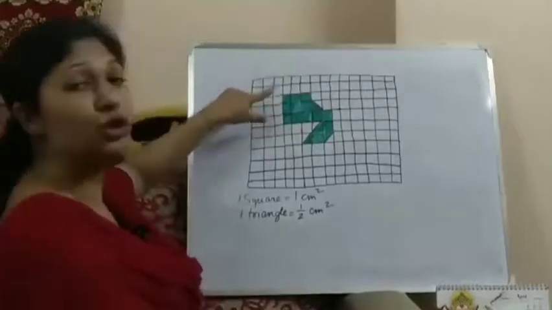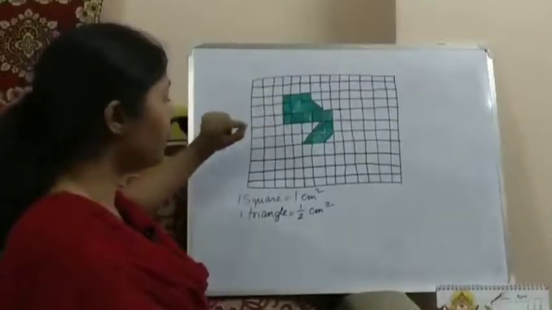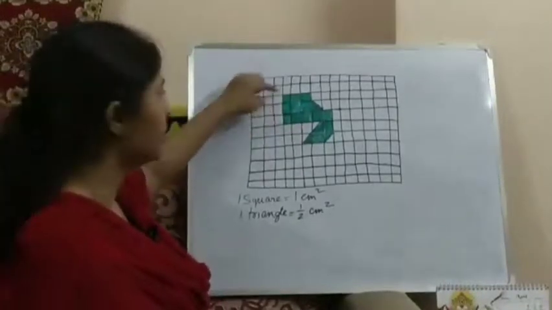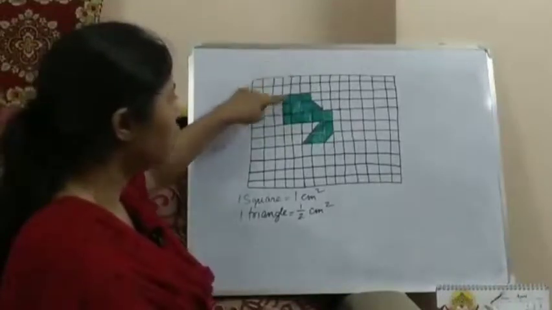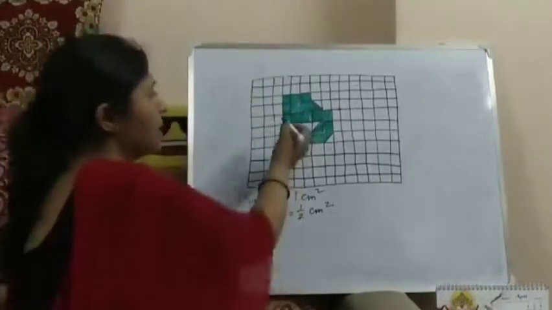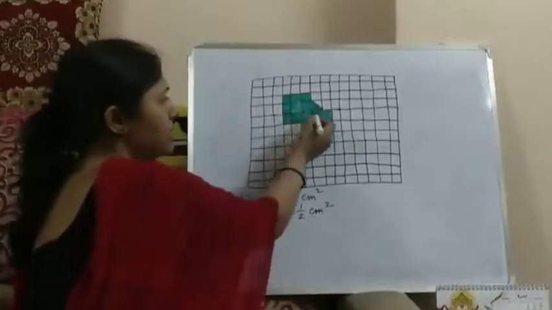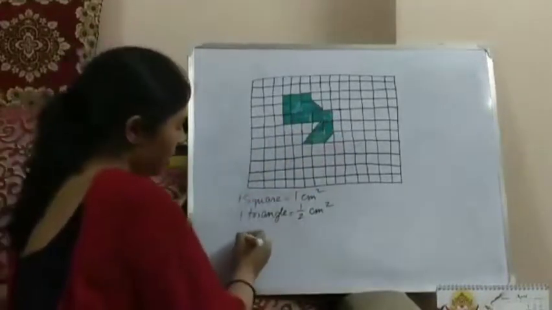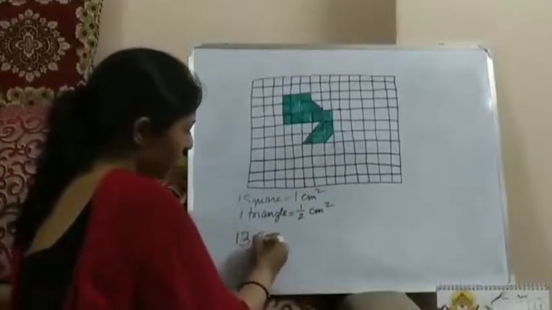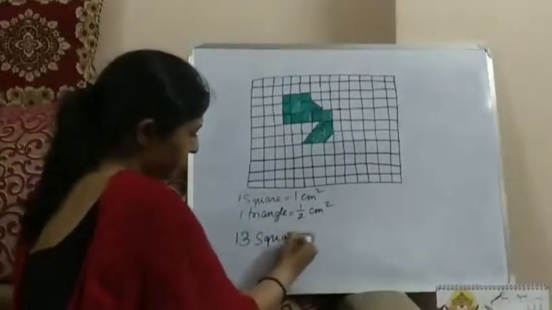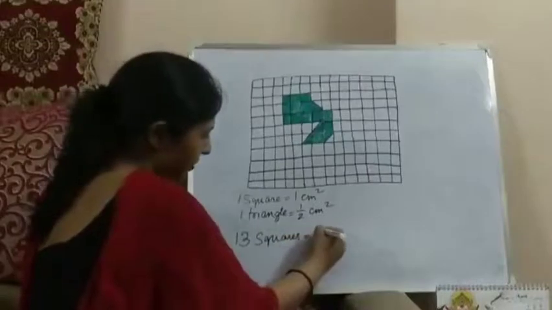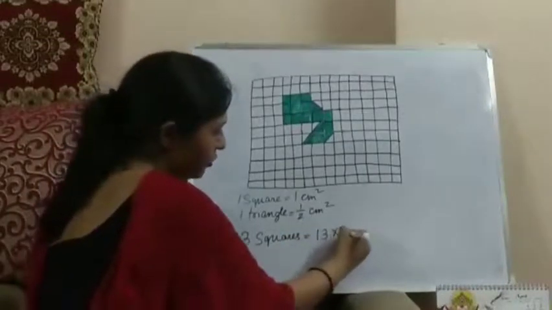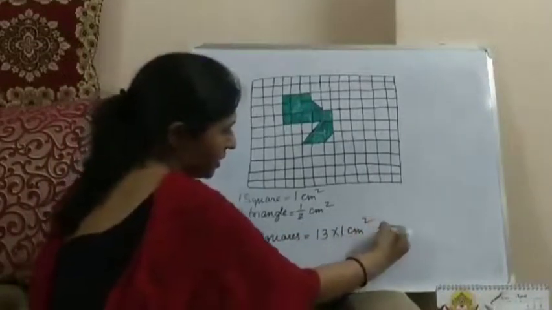First of all we should know how many complete squares are here. 1, 2, 3, 4, 5, 6, 7, 8, 9, 10, 11, 12, 13. So 13 squares are here, meaning 13 into 1 centimeter square.